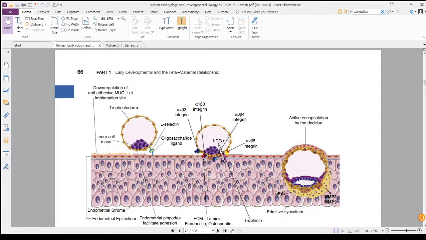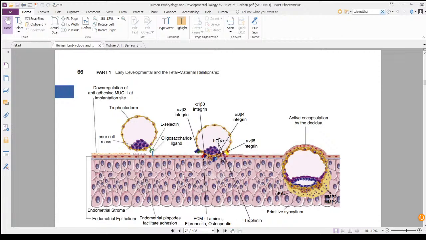Only this region is attaching, meaning I can say conclusively that these trophoblast cells could be a little bit different in expression of various cell adhesion proteins in comparison to the trophoblast cells present at the embryonic pole or at the vegetal pole. So there could be a great difference.